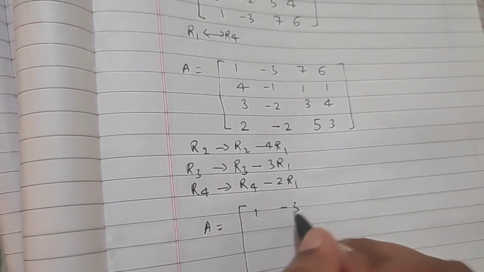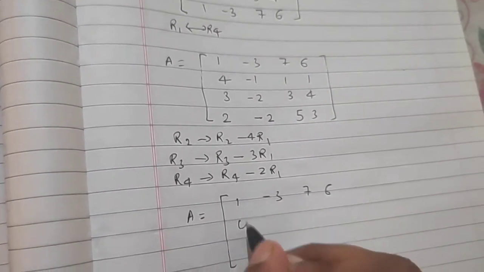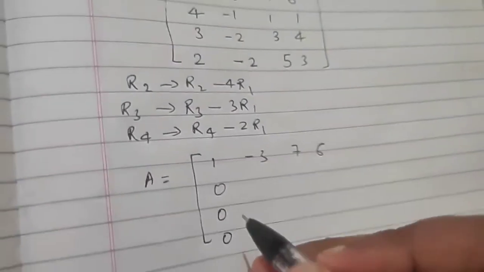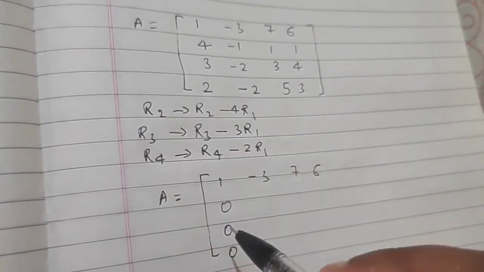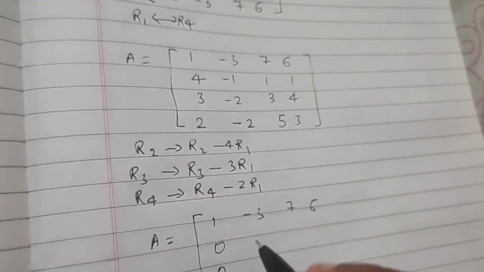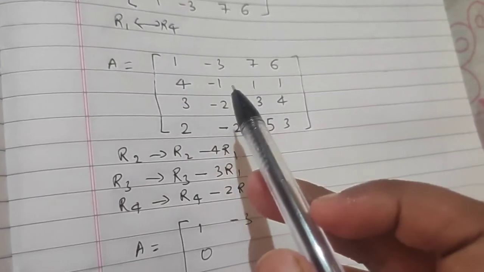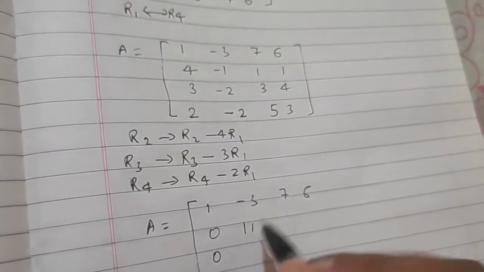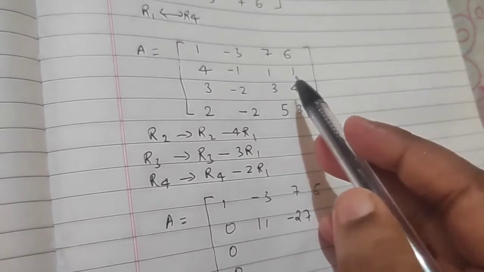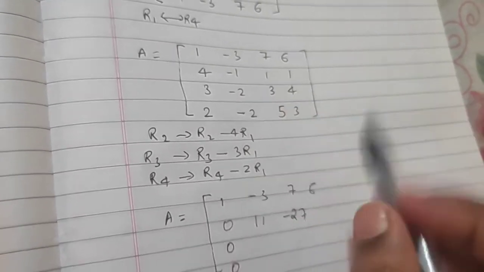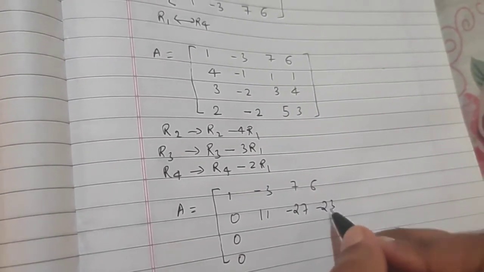So 1, minus 3, 7 and 6, this will be 0, this will be 0, this will be 0. I am writing it at once because to do this only I have applied the operation, so I have the freedom to write it at once. Now minus 1 plus 12, so that is 11, 1 minus 28, so that is minus 27, 1 minus 24, so that is minus 23.